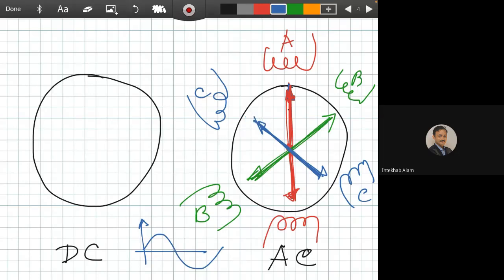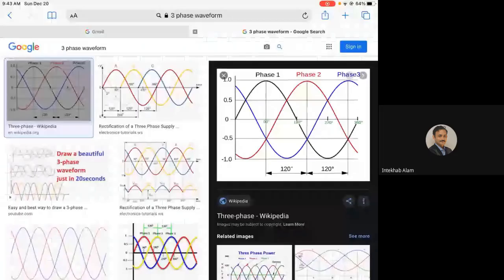There are 3 vectors, red one, green one, blue one, and they will create a resultant vector. If you see the three-phase curve in here, you can say that when phase 1 is at peak, phase 2 is negative and phase 3 is negative.